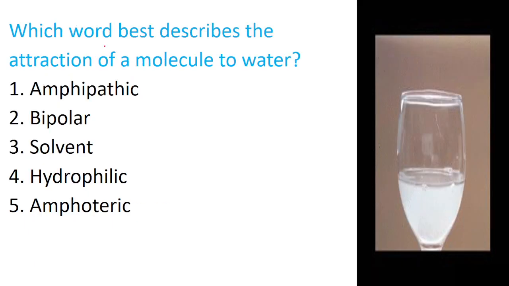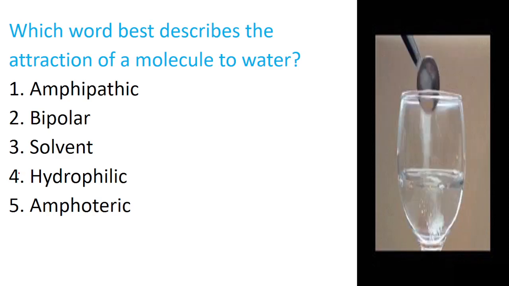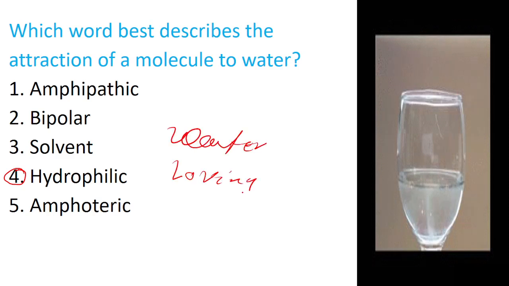Which word best describes the attraction of a molecule to water? I think this has already been explained, and we can just easily solve it. So the answer is just hydrophilic. Hydrophilic simply means that it's water loving. Yeah, it normally loves water. Okay.